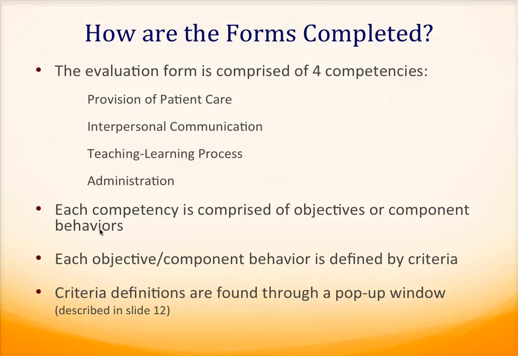Where to find the criteria will be discussed on slide 12, and these are important, as you will assess your student based on whether or not he or she performs the objectives and behavior to these criteria. Let us go to the next slide for a specific example of the objectives and behaviors.